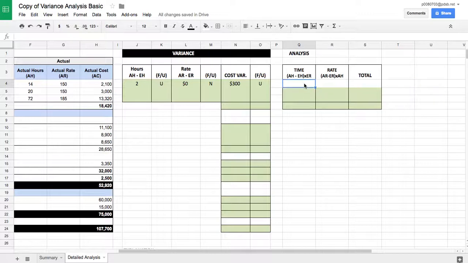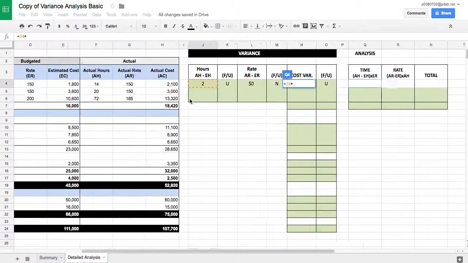All we're going to do is do our actual hours minus our estimated hours. Now, we can actually put that whole thing in, or if you notice, we've already done this little part of the equation over here, which is J4. And we're going to multiply it, okay, by our estimated rate.